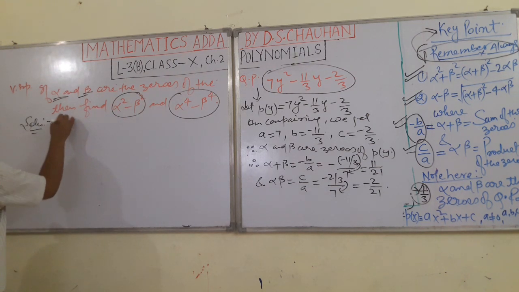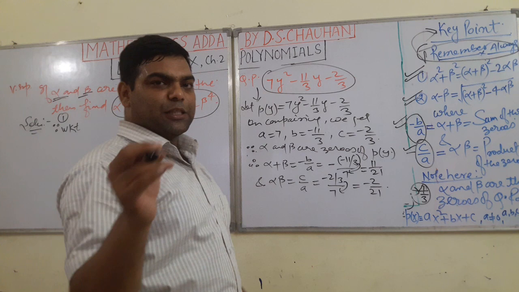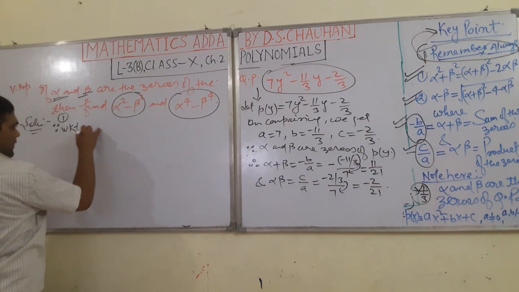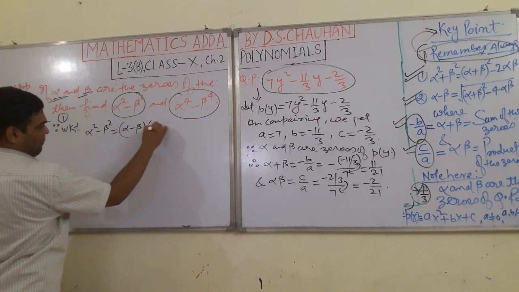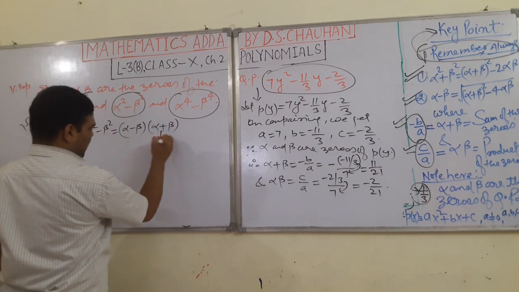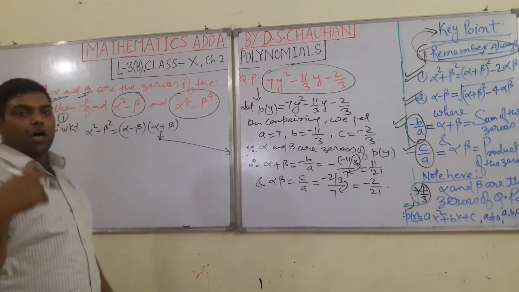We know the formula a square minus b square is a minus b in one bracket into a plus b in another bracket. Keeping that formula in mind, we can find the value. Alpha square minus beta square can be written as alpha minus beta into alpha plus beta. No need to worry. Alpha plus beta has been given here, and alpha minus beta we know how to find.